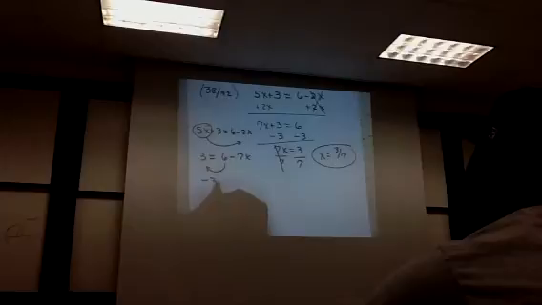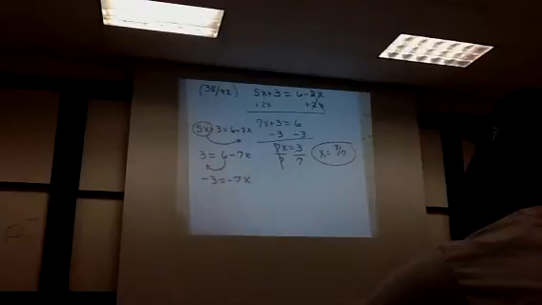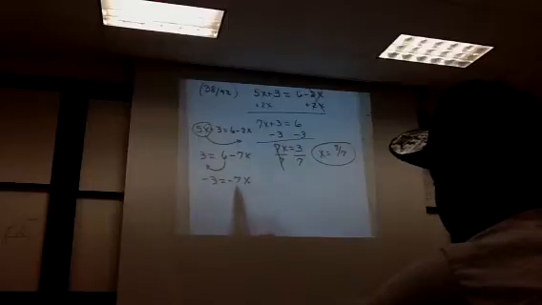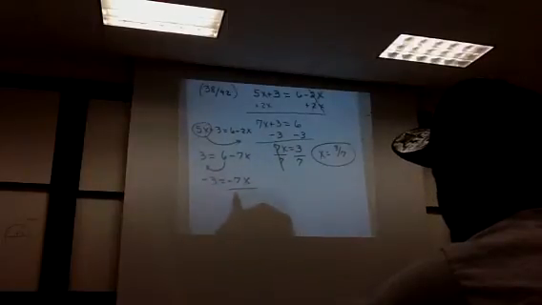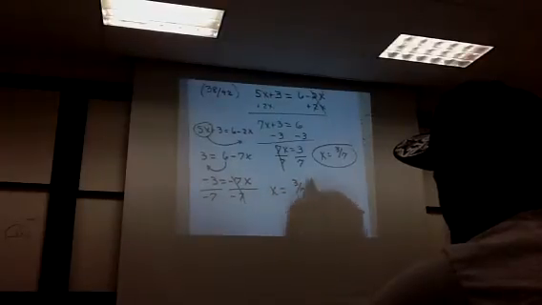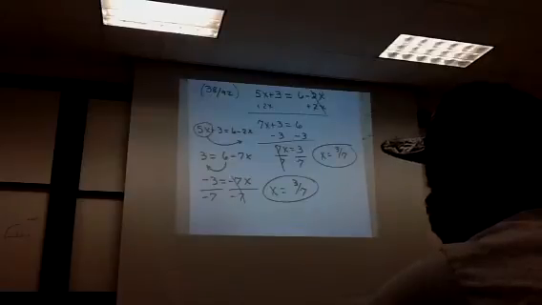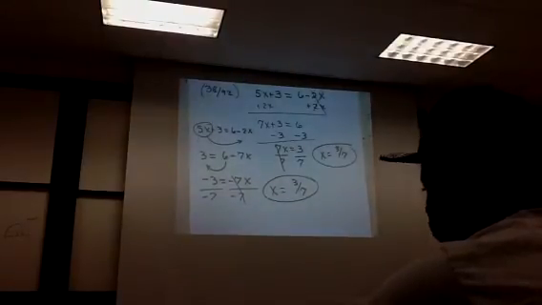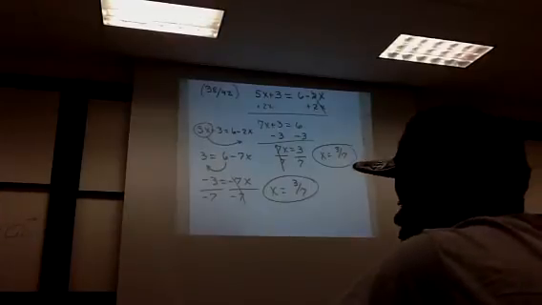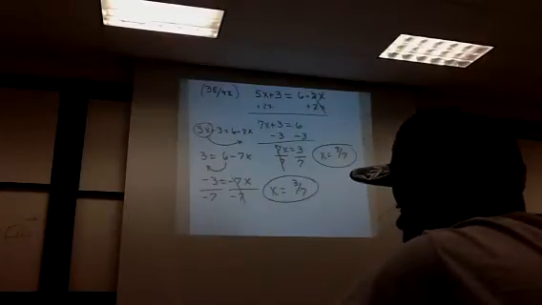So I got negative 3 over negative 7 equals x. You need to divide both sides by whatever's in front of x. You get the same thing. Thank you for doing that, because that reminds us that if I chose the other side for my x's, negative over negative, an even number of negatives, is positive.